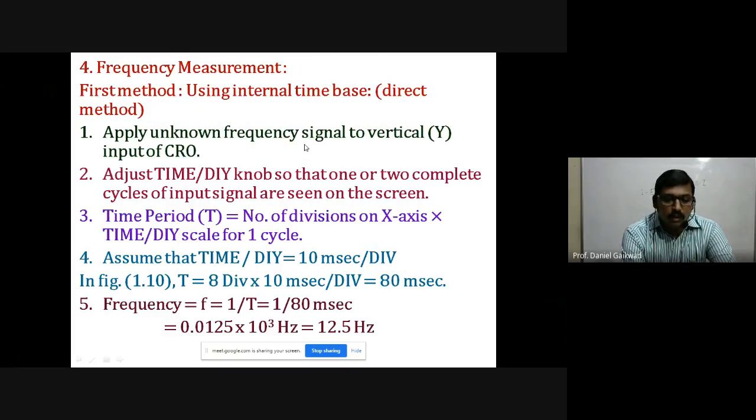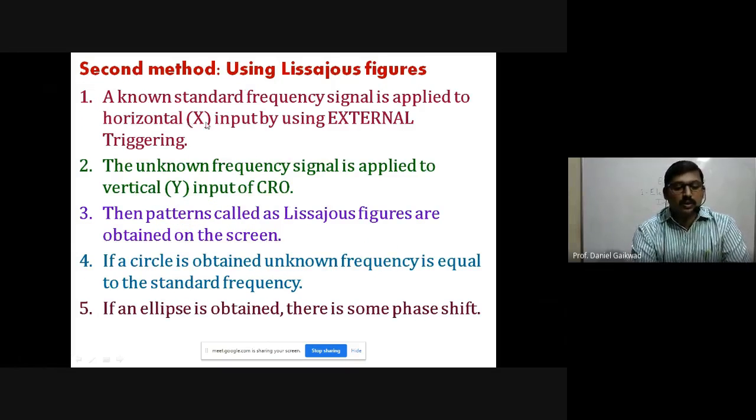Now we have the second method, that is the complicated one, and that uses the Lissajous figures. Some figures will be observed on the screen of the CRO, and those figures are called Lissajous figures. We will discuss the points one by one here.